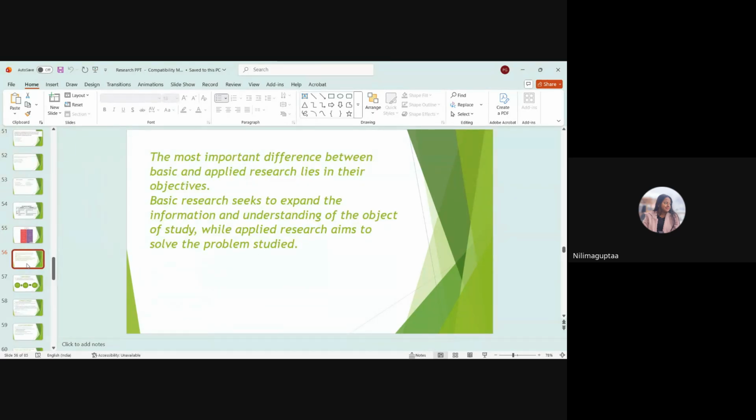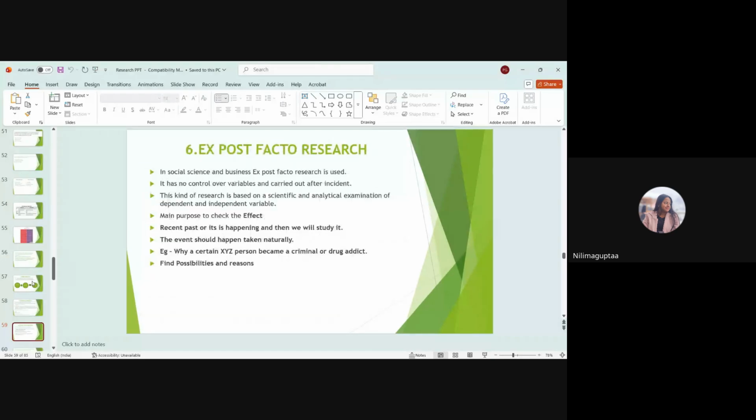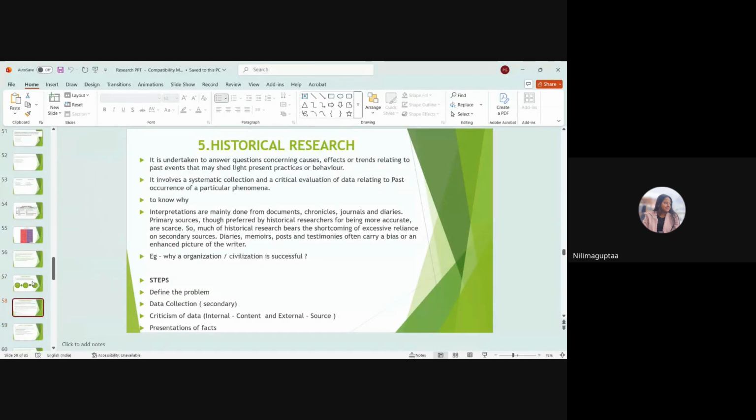Fine. So the most important difference between basic and applied lies in their objectives. The basic is to expand information, while the applied is to solve a problem. Now, another research that we have is historical research. This research will always be secondary, because we cannot go into history and understand things as they were in the past. So it is always studied through secondary resources.